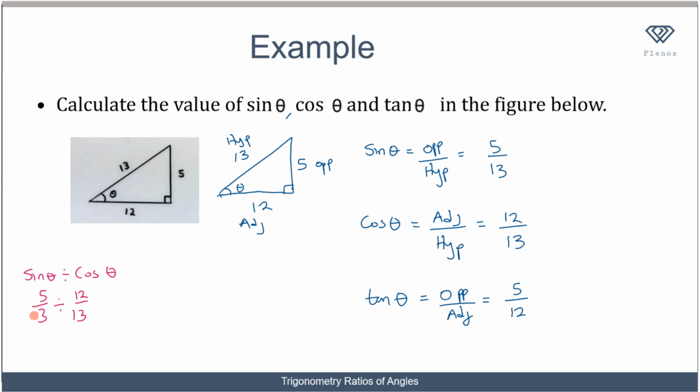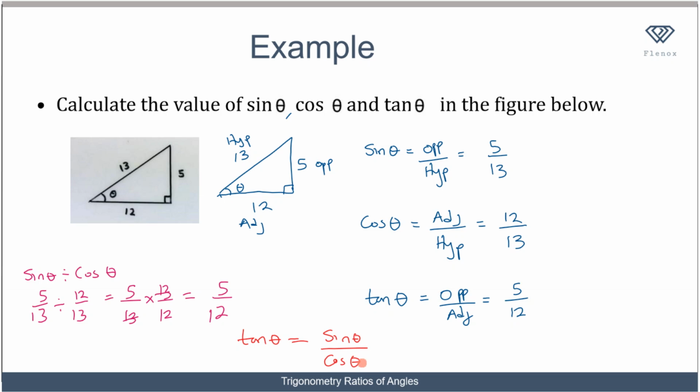So this becomes 5 over 13 times 13 over 12, and that becomes 5 over 12. And what is 5 over 12? We see that 5 over 12 is what we got when we evaluated tan theta. So therefore we can conclude that tan theta is the same thing as sine theta over cos theta.